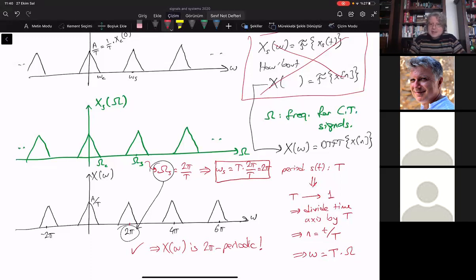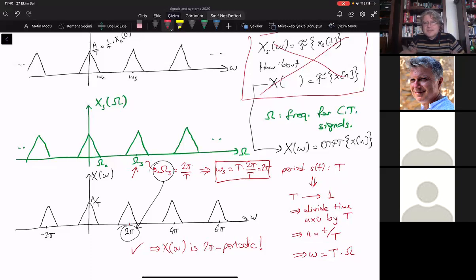Without considering the right-hand side red writings from t to 1 and dividing the time axis by capital T, therefore multiplying the frequency axis by capital T, I could also solve the same problem by trying to make this omega s to be 2 pi, because only then the shape will be 2 pi periodic, which I can call the discrete time Fourier transform. And that would correspond to the same thing.